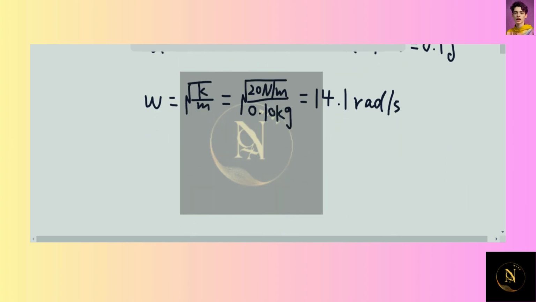And then let's determine the time period. The time period is equal to 2 pi over omega, which is equal to 2 pi over 14.1 radian per second.